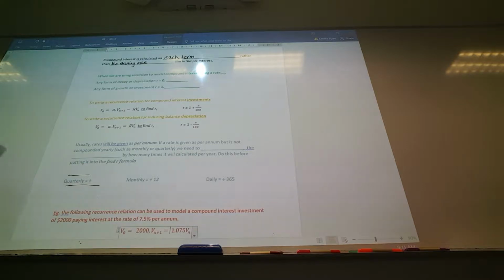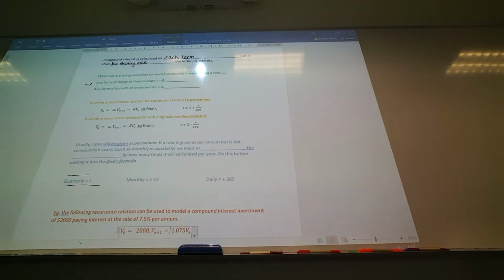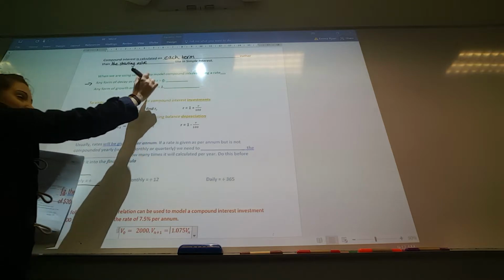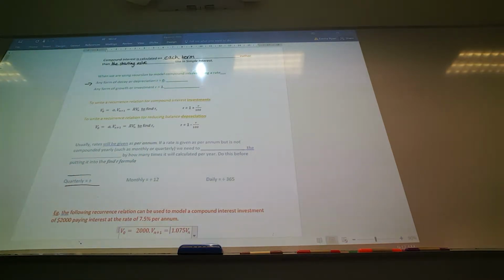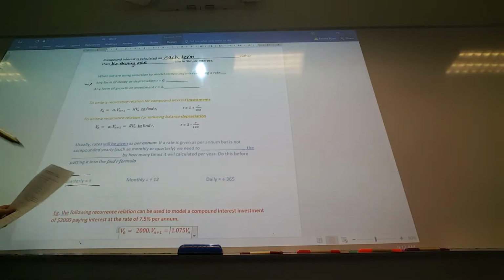When we're using compound interest or geometric, when we're talking about something going down or decaying or depreciating, our r value will always be 0 point something, because it's got to be less than 1. If we're talking about growth or investment, it's usually going to be 1 point something. And that's what we're going to be going up by.